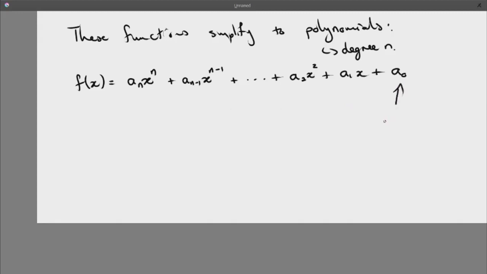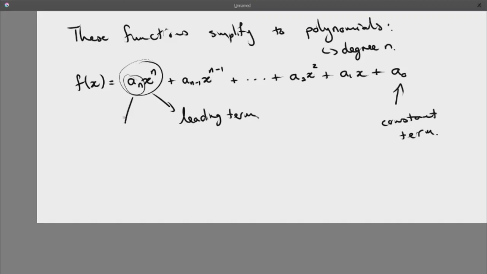This last one here, just a number, is called the constant term. This is called the leading term. This little a in front is called the leading coefficient. And those are all the words I need to know. And again, I'm not mentioning words if you don't need to know them.